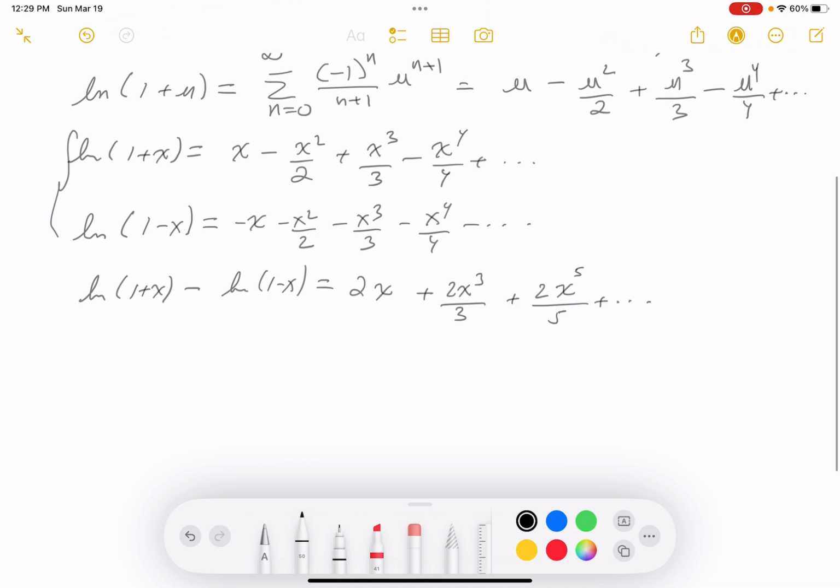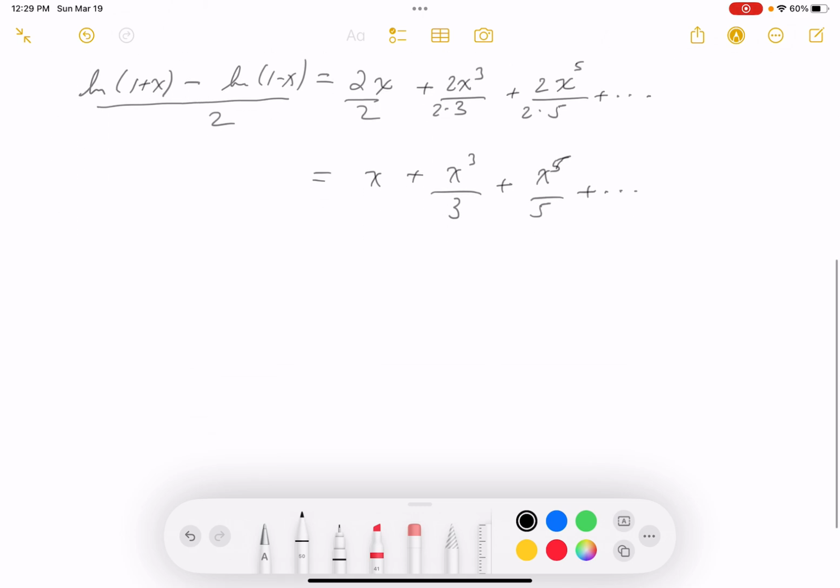What do we want to do? We want to divide that by 2. Every term is divided by 2. So this is going to be equal to x plus x cubed over 3 plus x to the fifth over 5. I got the pattern.